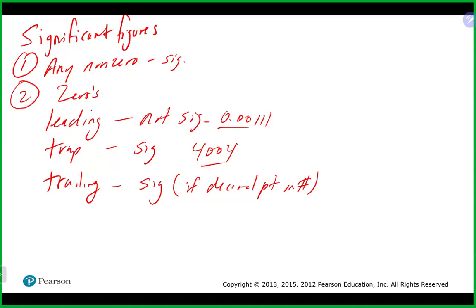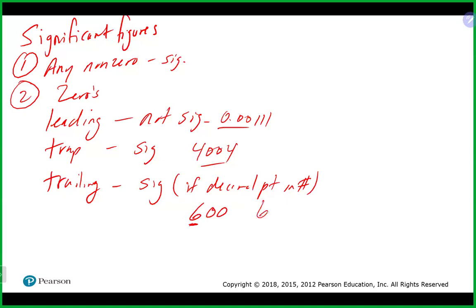When you're counting significant figures in these zeros, the decimal point does need to be written in order for it to count. We don't assume it's there. If it's not written, then it's not there. So if we had something like 600 like that, technically speaking, one significant figure.